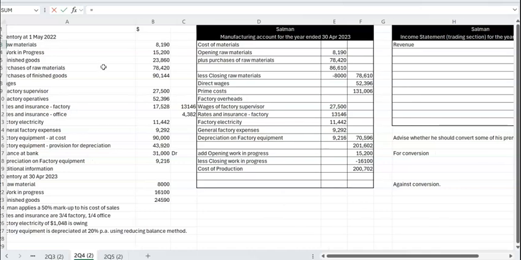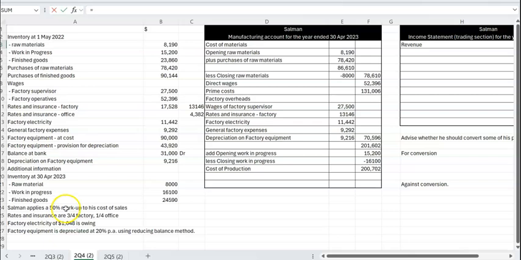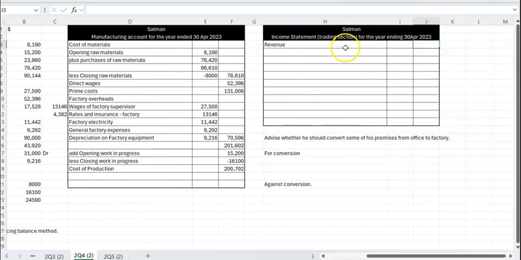So this one we're going to have to work back for, because it tells us we've got a markup of 50% of cost of sales. So we're going to have to find that one after we've got cost of sales. So the cost of sales is going to be our opening inventory, and this is our finished goods inventory.